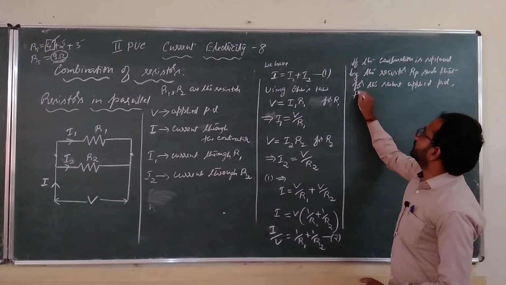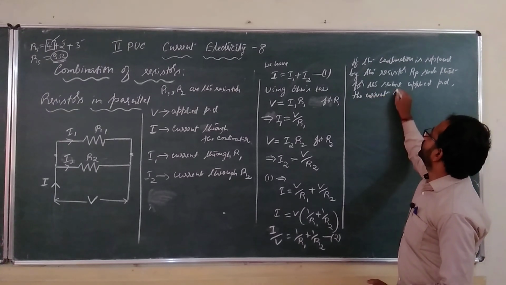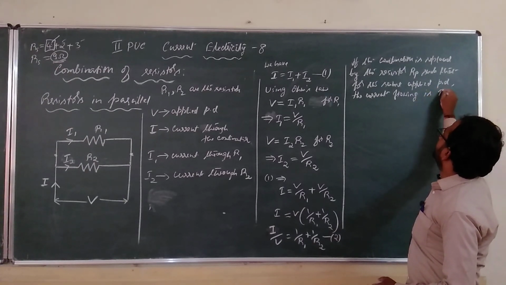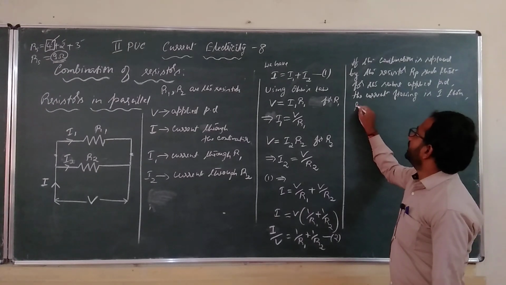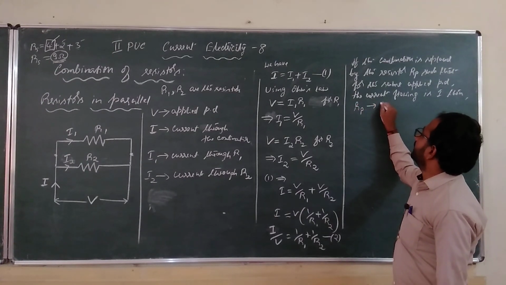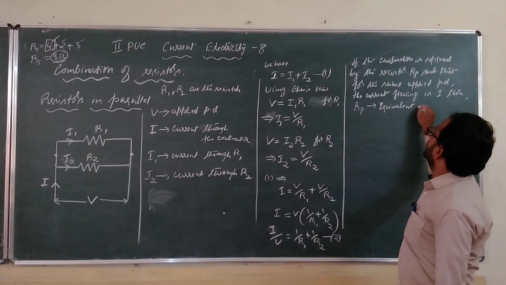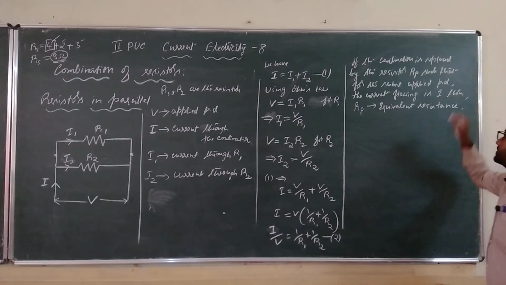the current flowing through Rp is I, then Rp is called the effective or equivalent resistance of the combination of those two resistors.